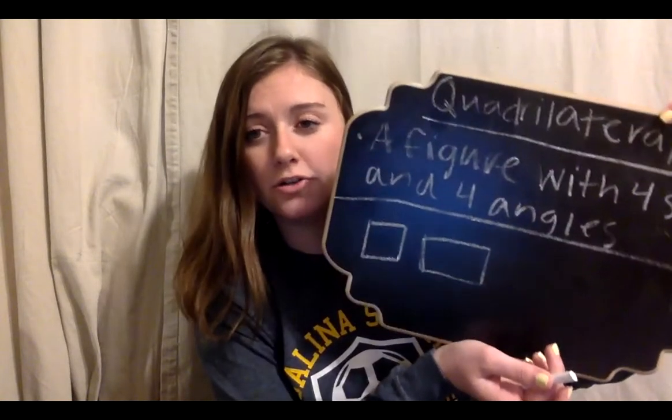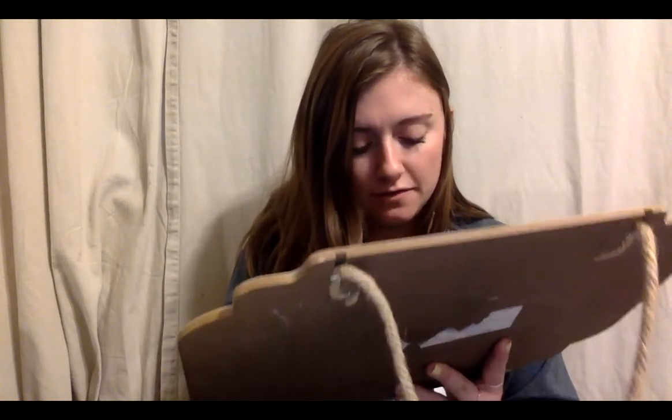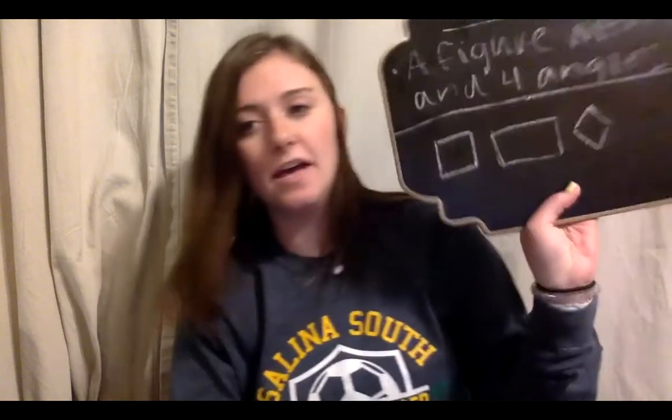And then I also heard you guys say a rectangle. That is another quadrilateral, okay. And then we have a rhombus, which is kind of just like a square turned on its side, like a diamond, okay. And then we have a parallelogram.